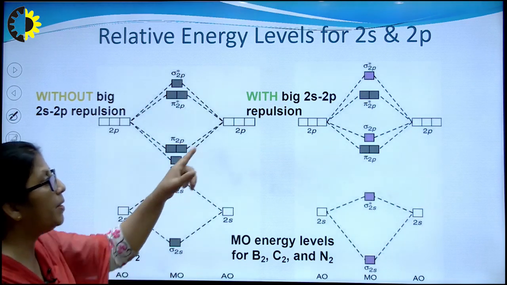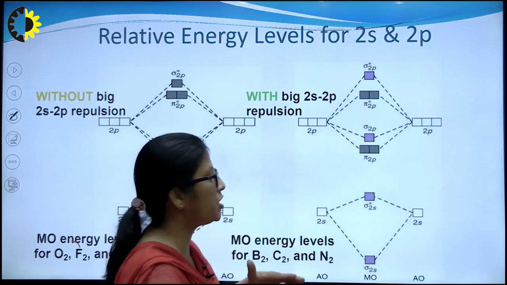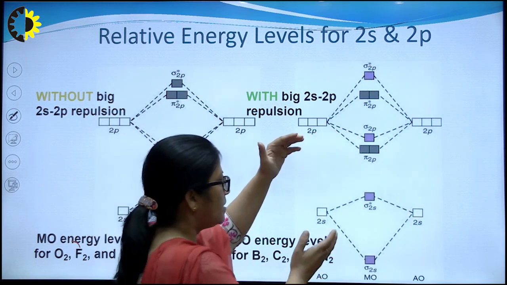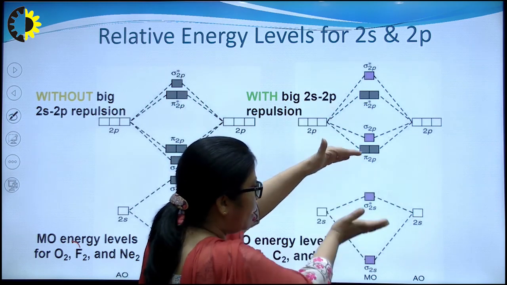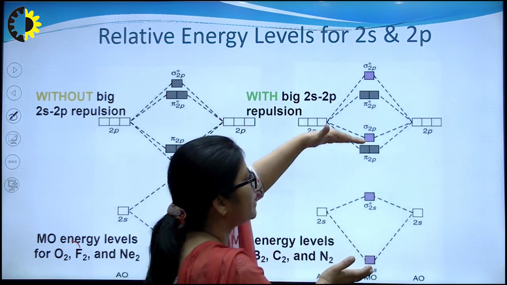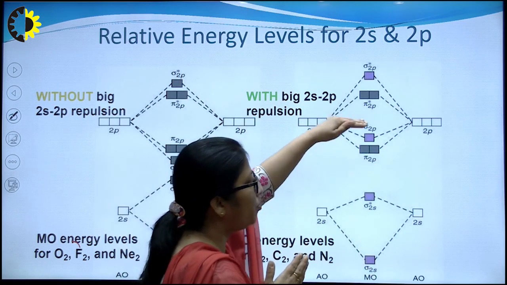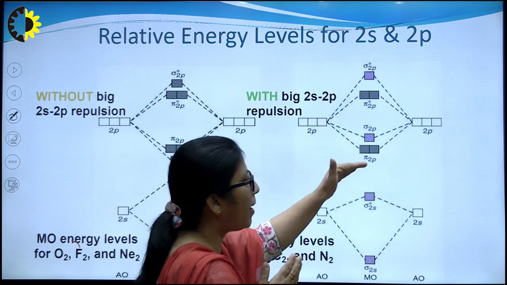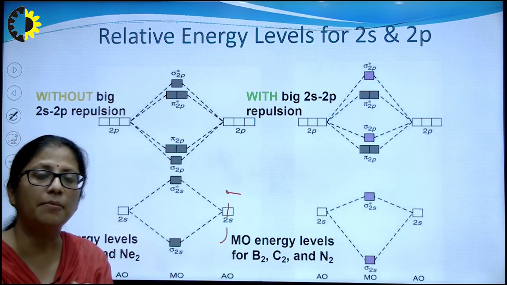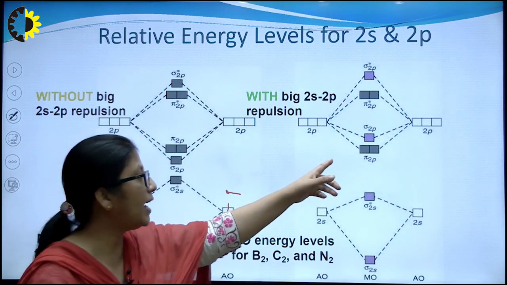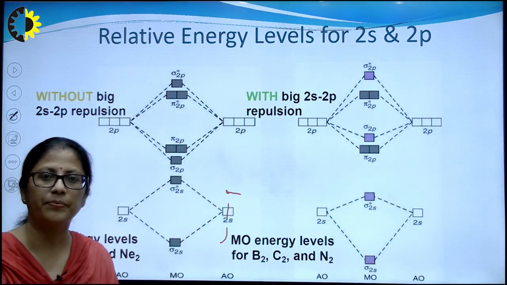But if there are big repulsions between 2s and 2p, as a result of these repulsions between sigma 2s and sigma 2p, sigma star 2s and sigma star 2p, the 2s-derived orbitals become lower in energy, and sigma 2p and sigma star 2p become higher in energy. When sigma 2p becomes higher in energy, then pi 2p energy becomes lower in comparison to the sigma 2p. So pi 2p gets filled first. So this is the case with big repulsions.